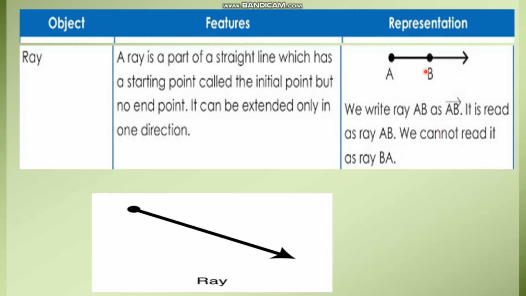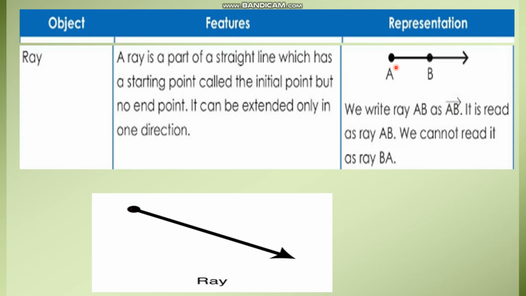Why, children? We learned that the line segments we can read as segment AB and segment BA, and we learned the lines can also be read as line AB and line BA. The reverse is also the same. But in rays, this is not the same. If you are reversing it, BA is not a ray.